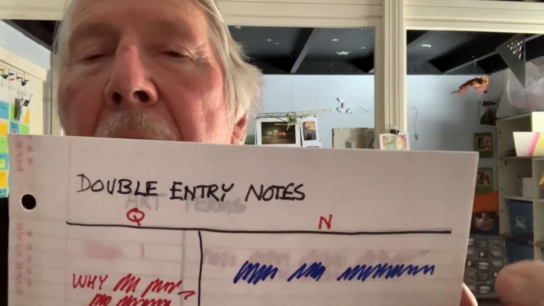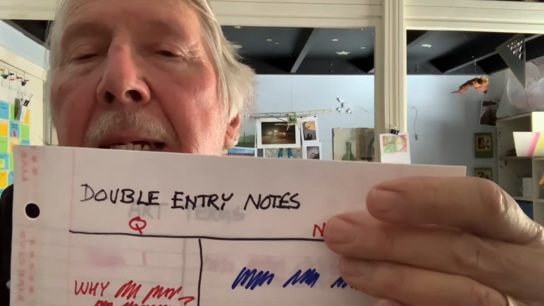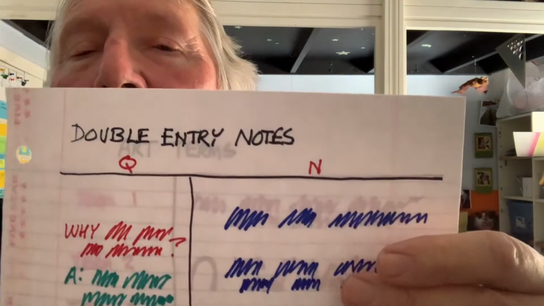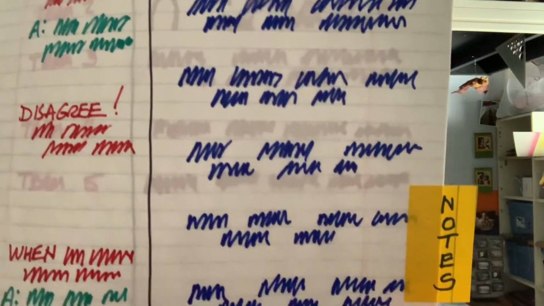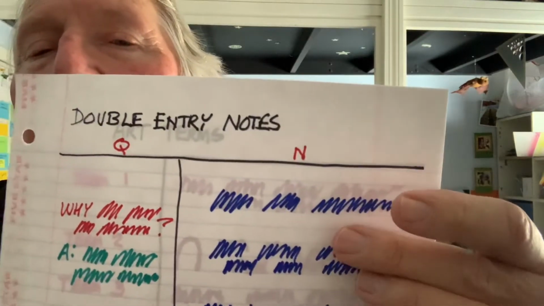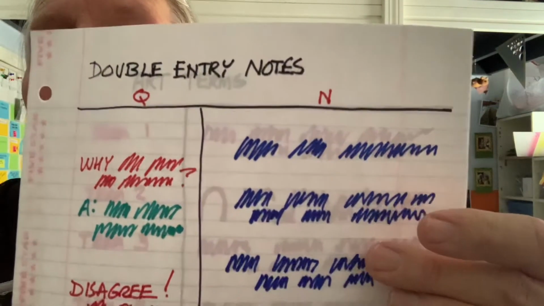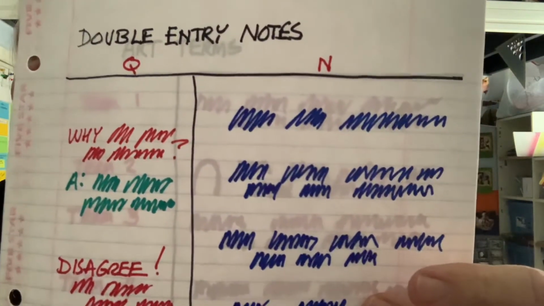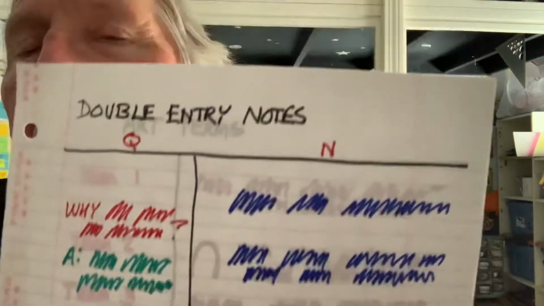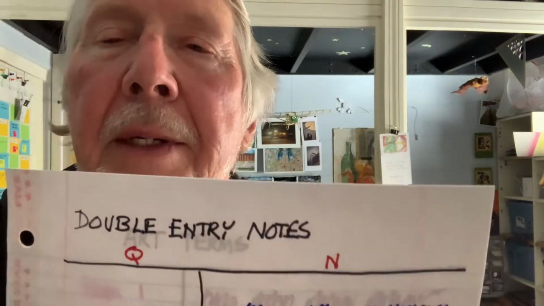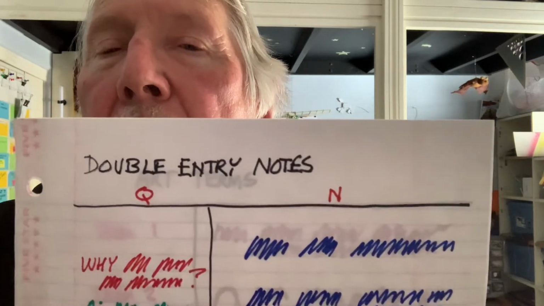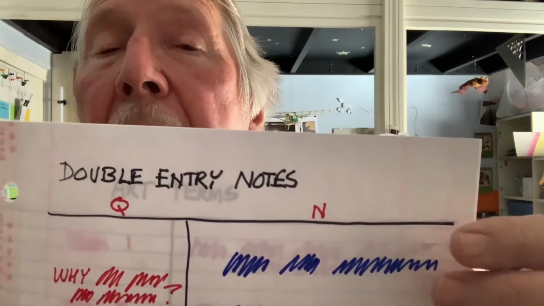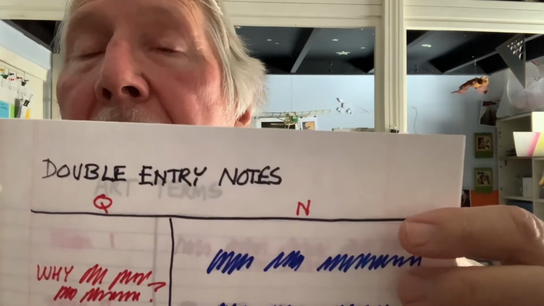So the column that says N on top of it is going to be for all the notes that you take. You will notice that there is an empty line in between each fact, each thought. There's space. In graphic design, we call that white space, and you're supposed to use your white space positively.